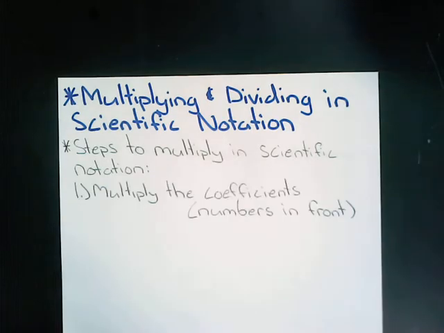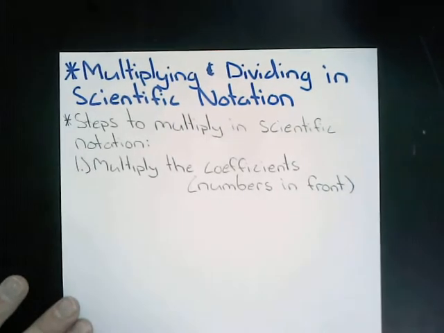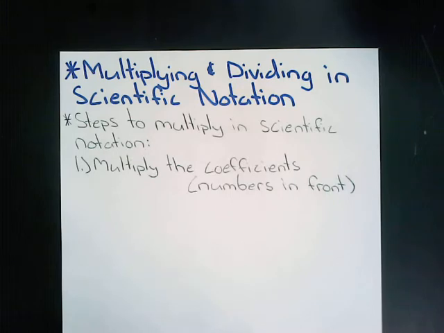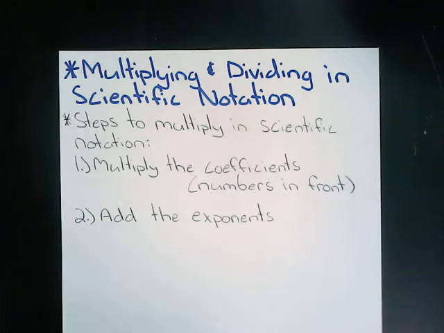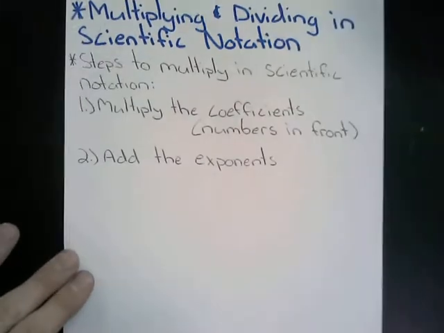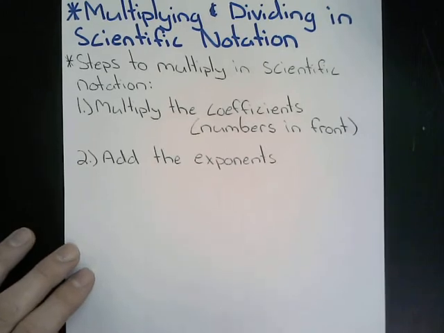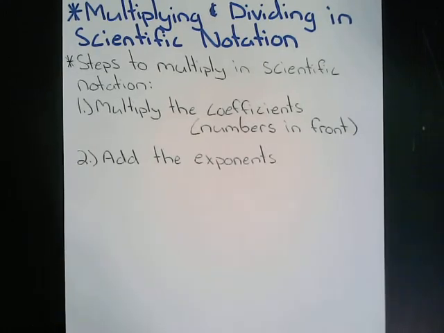And once you've multiplied the coefficients and written down that number, you simply just add the exponents. Now, like I said, we split multiplication and division for our scientific notation. So the next thing we'll talk about here is our steps to divide in scientific notation.